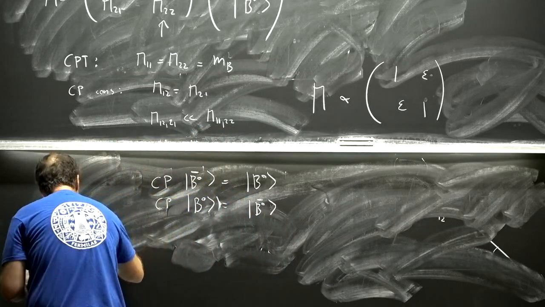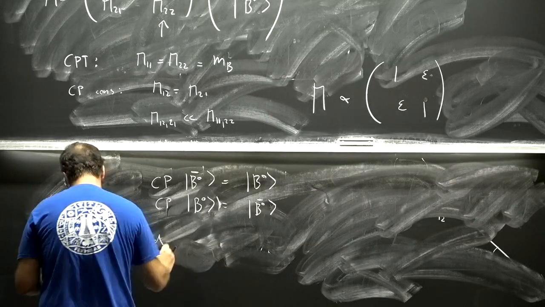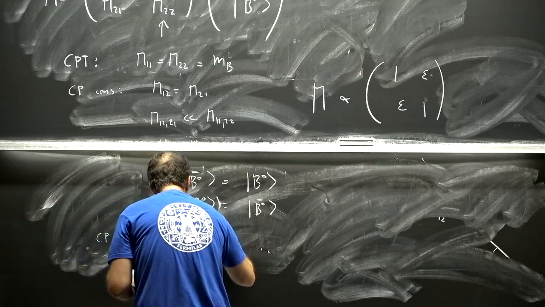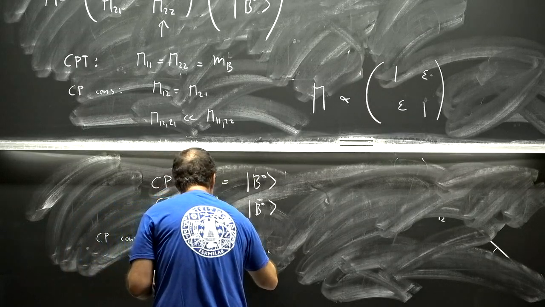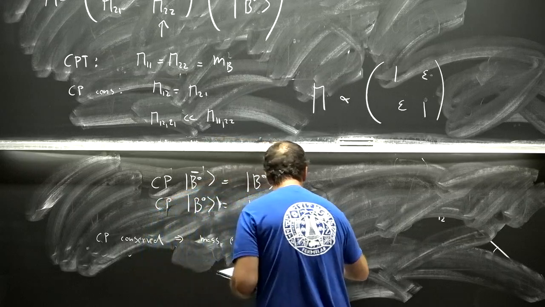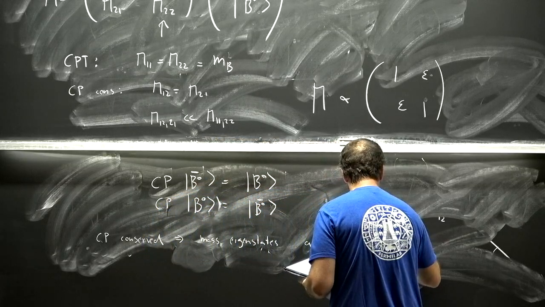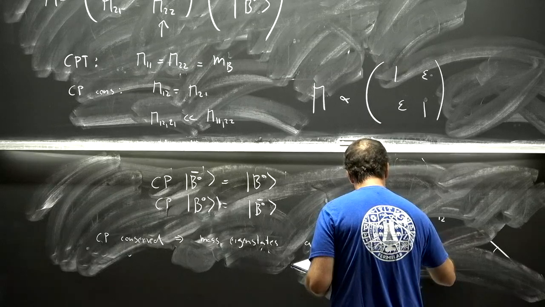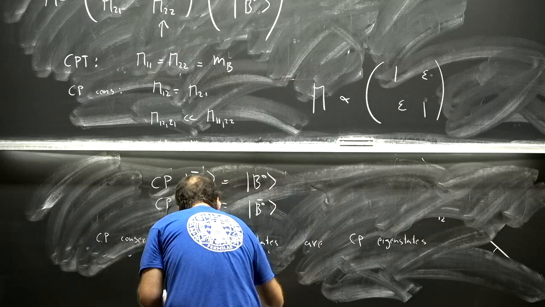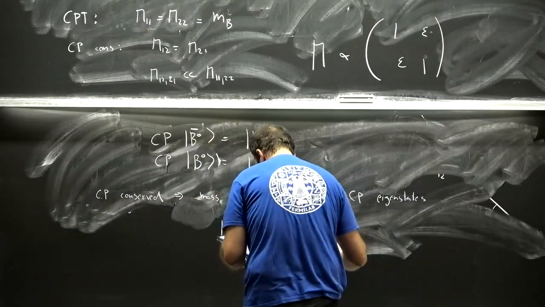If CP is conserved, right, then mass eigenstates are CP. Right? And I think in these conventions I have the minus signs right.